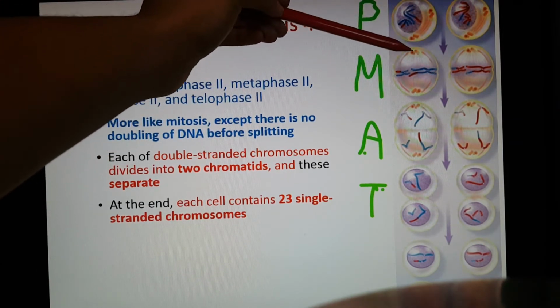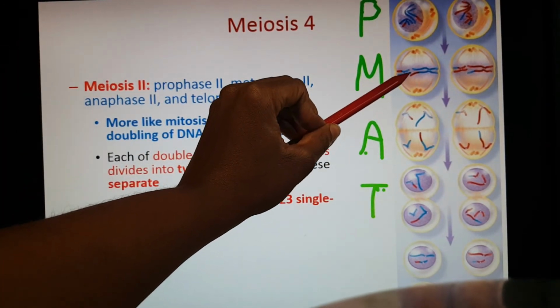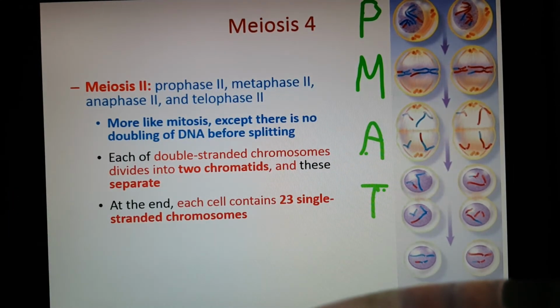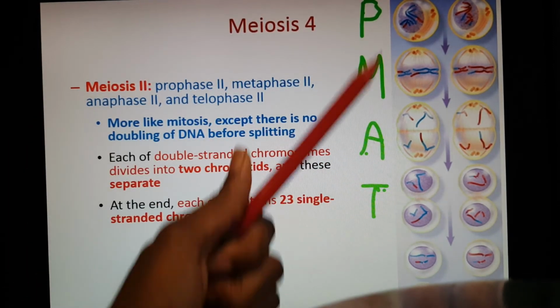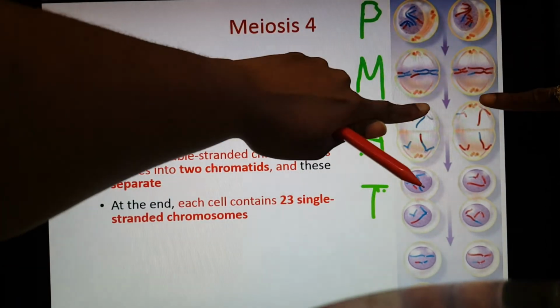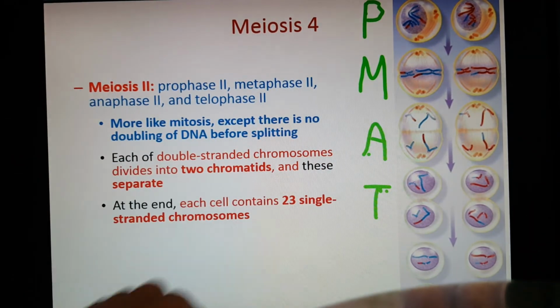Metaphase, where it aligns on the center. And then at this stage, from the centromere, it actually splits the chromosomes apart. So going from double-stranded chromosomes to single-stranded chromosomes, splitting the genetic material into your 2 cells, and then into 2 cells themselves, making your 4 gametes.